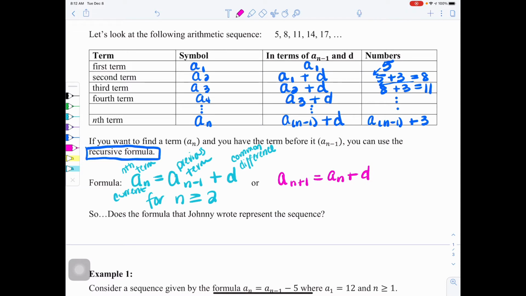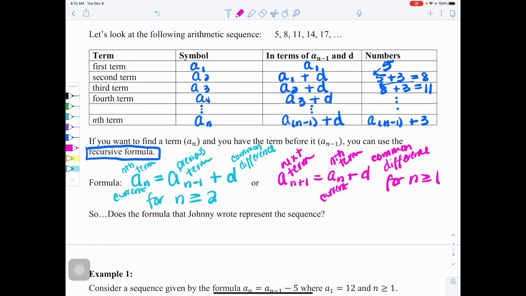So now this is going to stand for the next term. So you're using the next term is going to be the nth term, or again, current, plus the common difference. Here, it would be for n is greater than or equal to 1, like we are used to.